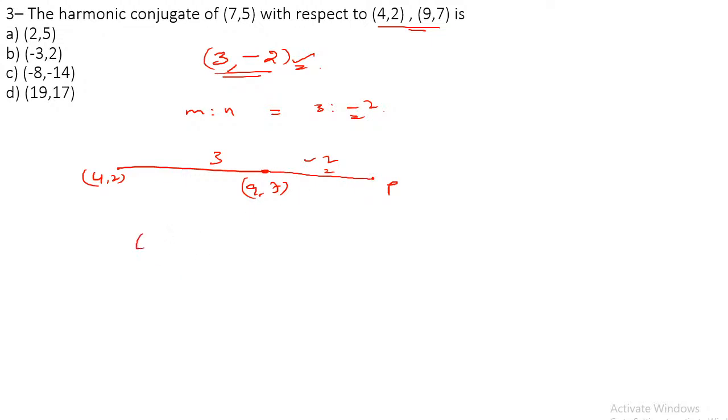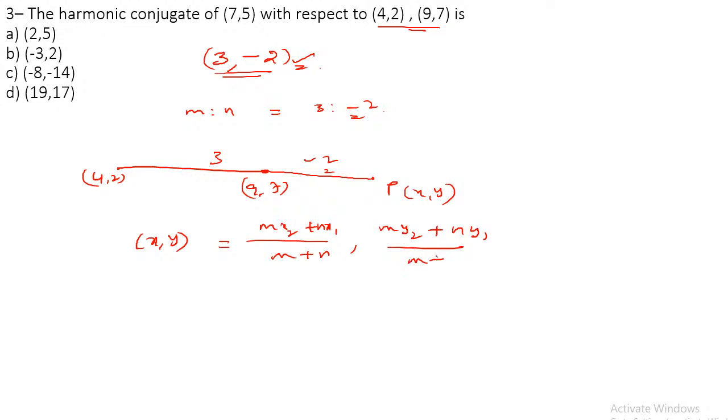So now (x, y) is equal to (mx2 plus nx1) by (m plus n), (my2 plus ny1) by (m plus n). So m is 3 and x2 is 9, plus n is -2 times x1, and x1 is 4, divided by 3 minus 2, which is 1.